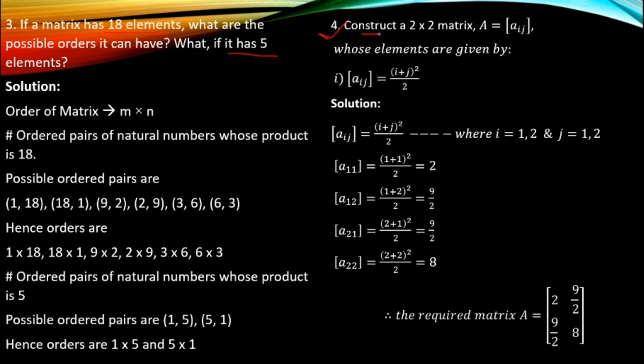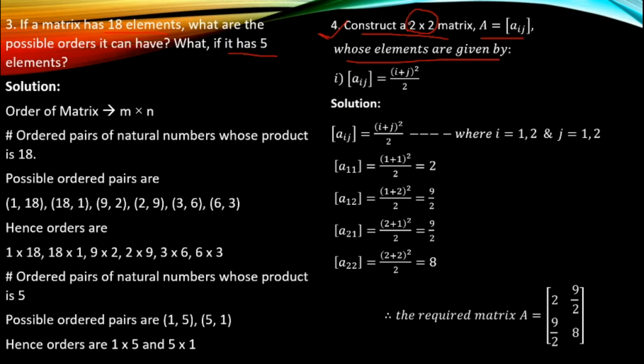Construct a 2 by 2 matrix A equal to [aij], whose elements are given by aij equal to (i plus j) whole square by 2. What is the order? It's 2 by 2. I have been telling you, please take care of the order of the matrix. So again we have to go for the order, so it is 2 by 2.